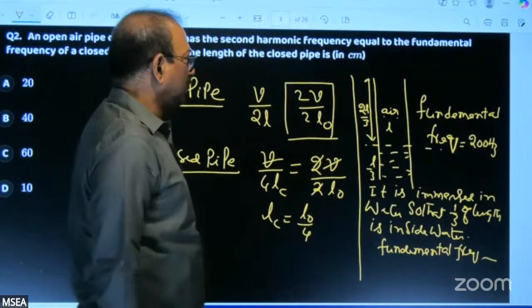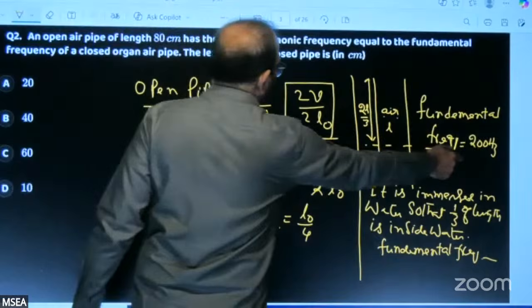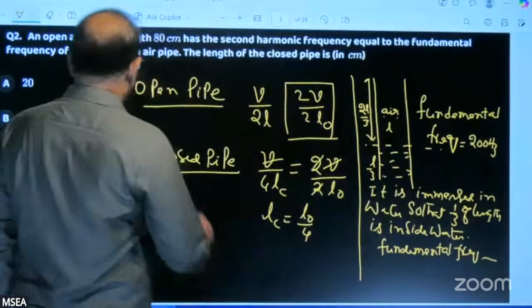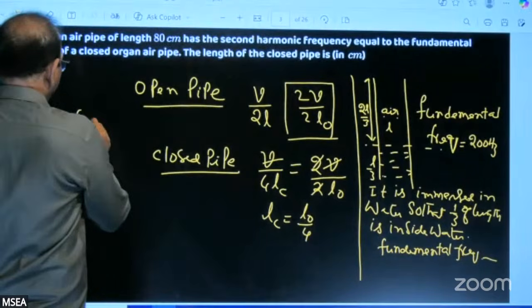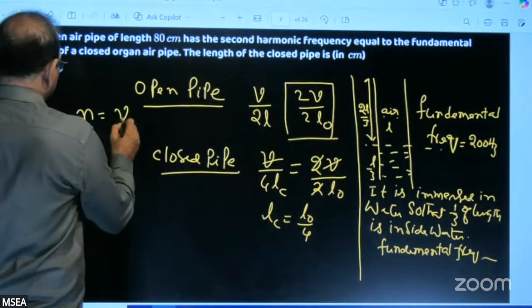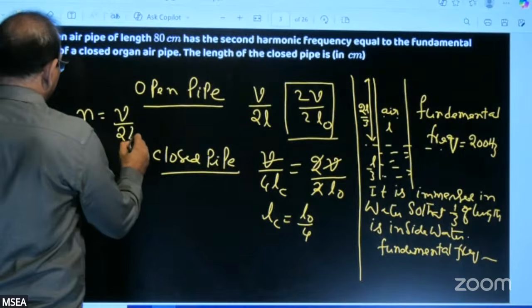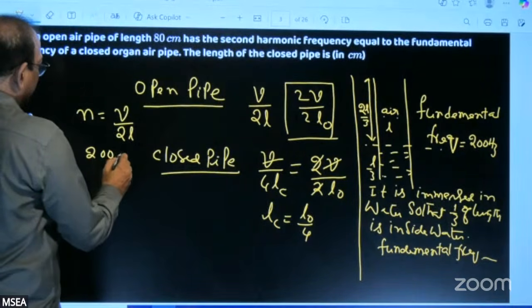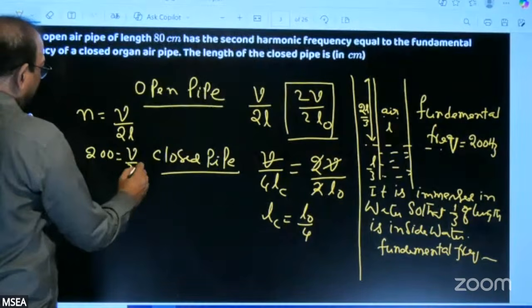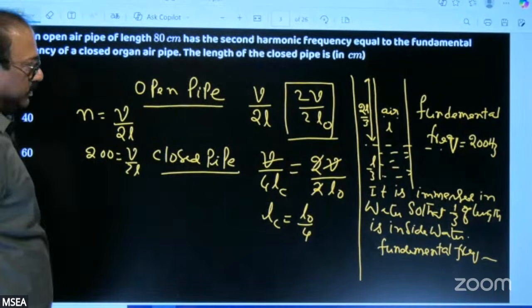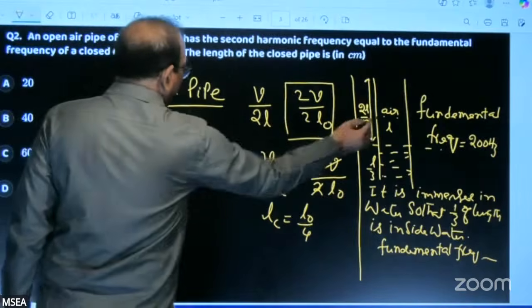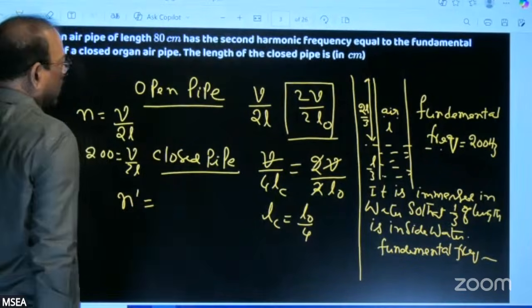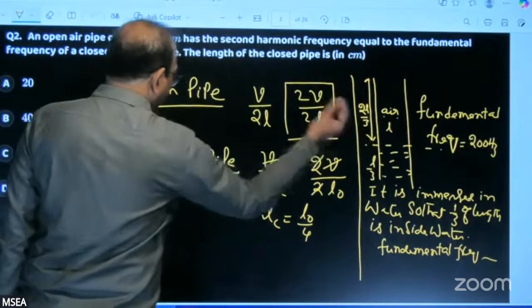That is the question. This 200 hertz is the complete open pipe's fundamental frequency, V by 2L. V by 2L is 200. Now what is the frequency of that air column in the closed pipe of length 2L by 3?